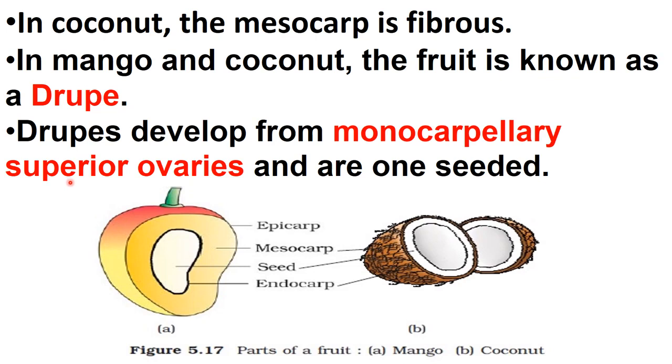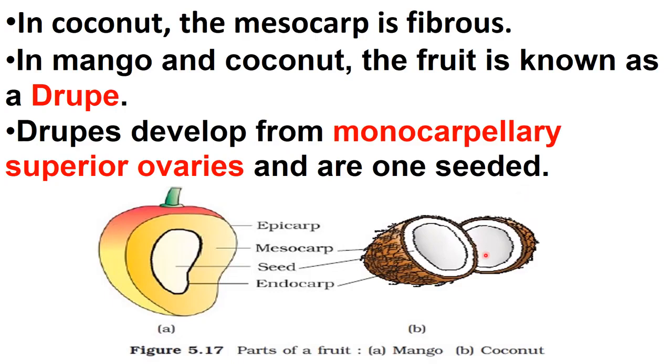So when a fruit develops from a monocarpellary superior ovary, that fruit is called a drupe. Both mango and coconut are drupes because they develop from monocarpellary superior ovaries, right? And these are one-seeded, so one seed is present in mango as well as in coconut, right?